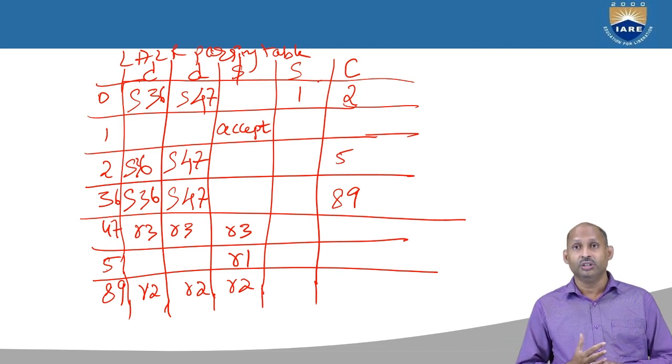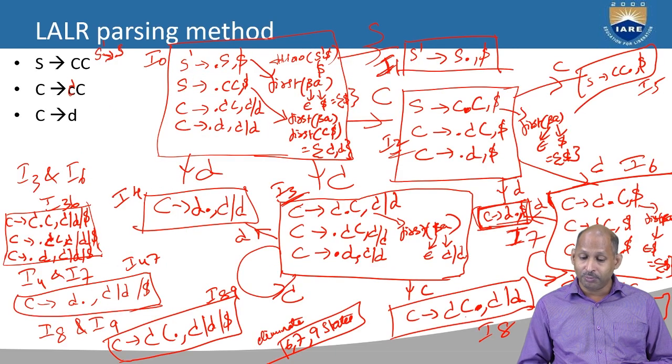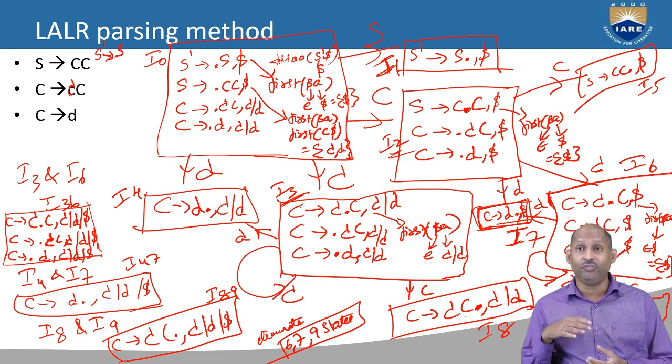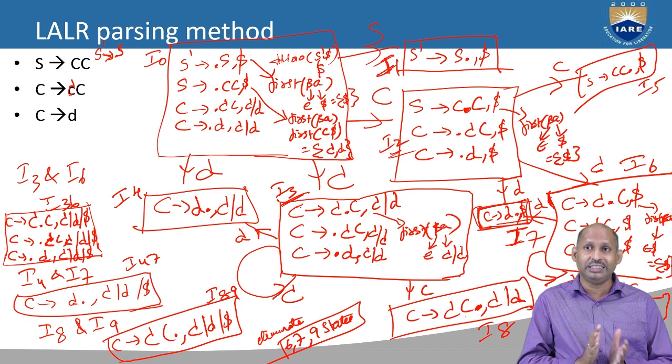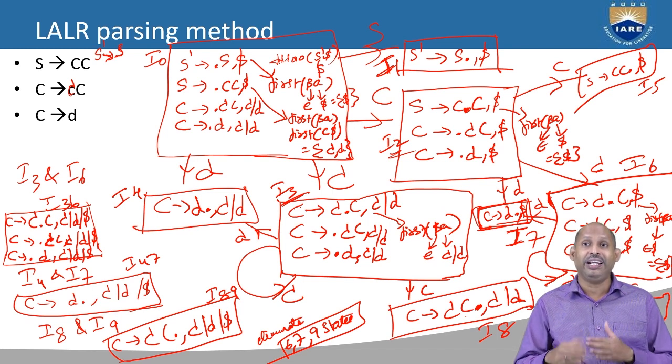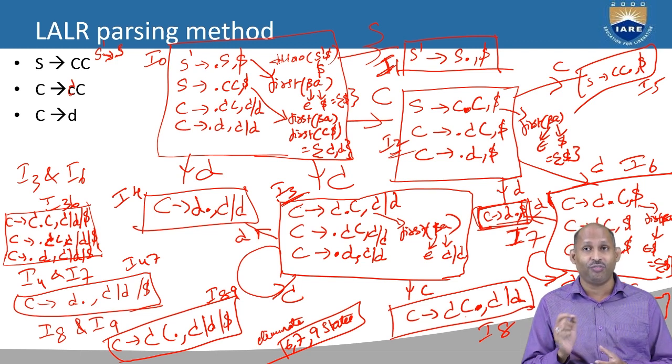Right? So here we must construct the canonical LR closure groups and go-to operations, and we have to find which groups have the same production and different terminal symbols.